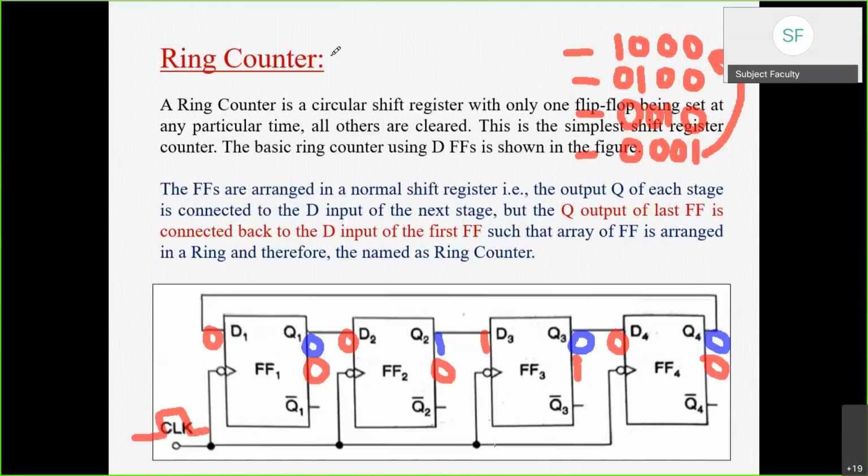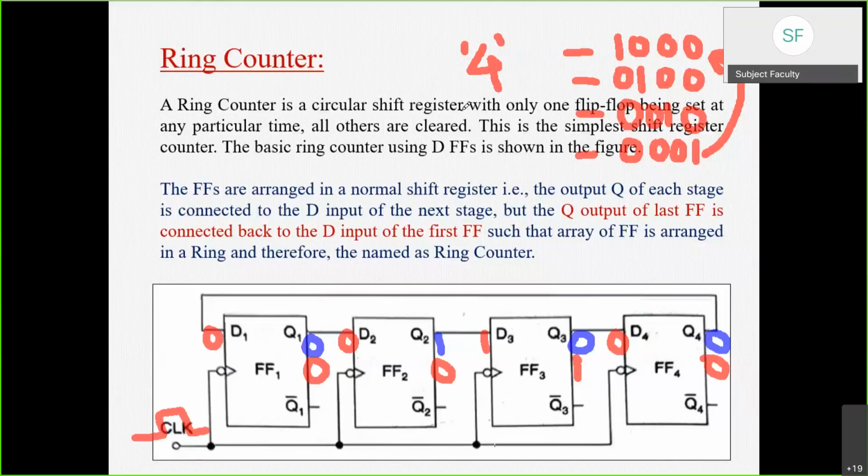So this particular ring counter, the 4-bit ring counter, will have how many modulus of count? Its mod is 4, because 4 different states are there. So it is also called a mod 4 synchronous counter or mod 4 ring counter.